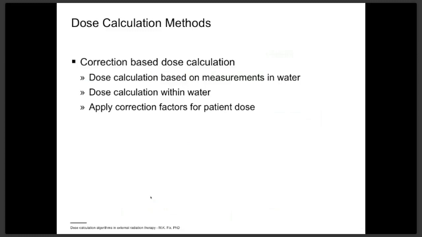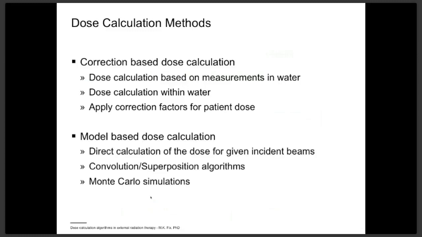A second type of algorithms are called model-based dose calculation, and those are calculation algorithms which directly calculate the dose in the patient representation, while the correction-based ones apply these corrections independently, for example, for field size and surface irregularities as well as inhomogeneities.